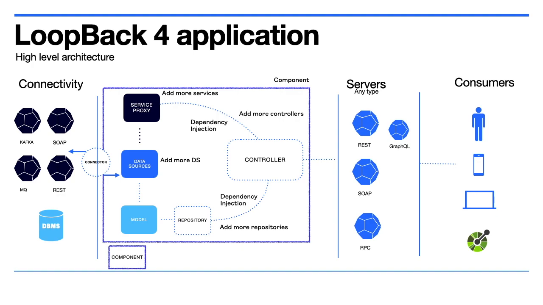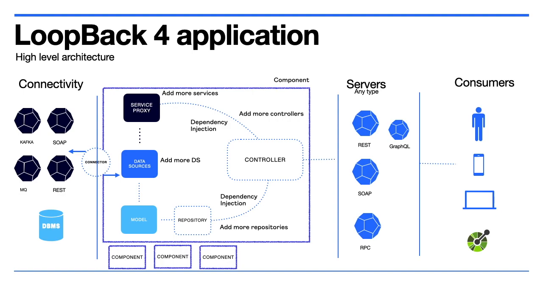So with LoopBack 4, you can extend a component, implement your own controller, and publish it on NPM, for example, so that whenever I install the component, in reality, what I am doing is extending the functionality of the LoopBack 4 application, and this is really the extensibility. And of course, you can have libraries or any other NPM component inside also.